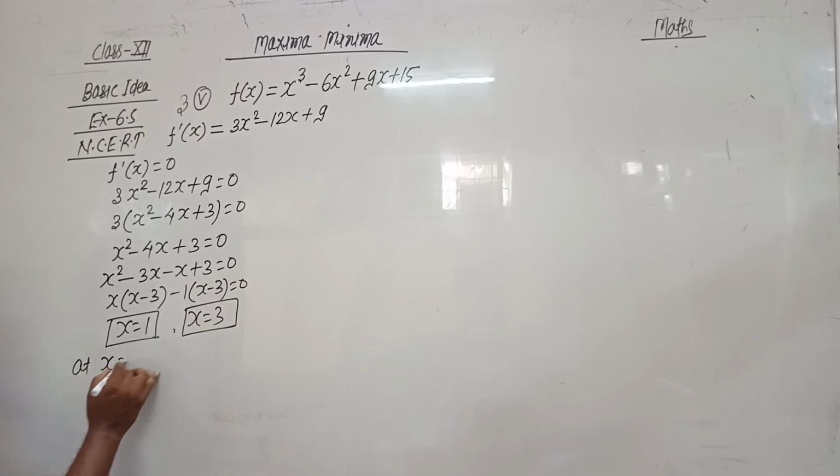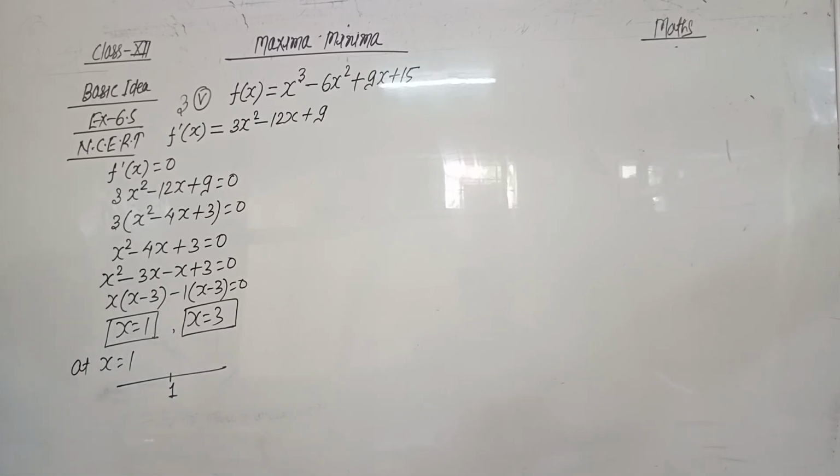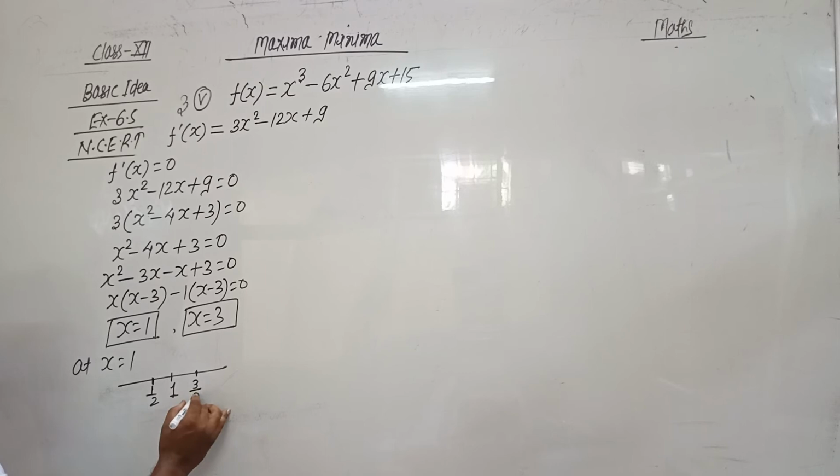So at x equals to 1, the value just less than 1 would be taken as 0.5, means 1 by 2, and just greater than 1, so this is 1.5 or 3 by 2.